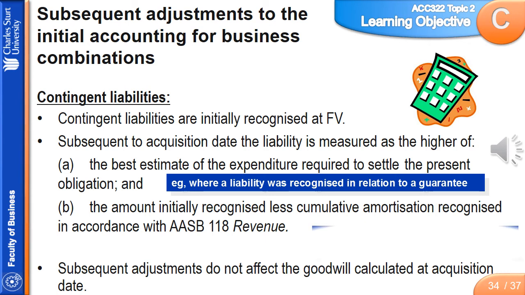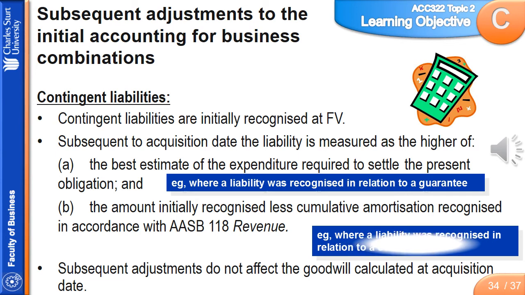So that would be where a liability was, say, recognized in relation to a court case. And subsequent adjustments do not affect the goodwill calculation at acquisition date in these cases.